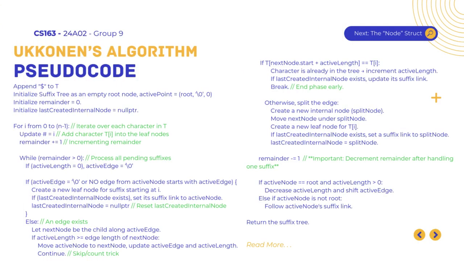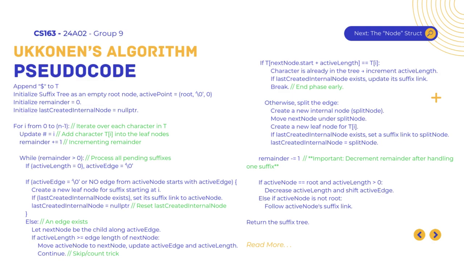First is the pseudocode. The pseudocode is for people who want to build the algorithm themselves.